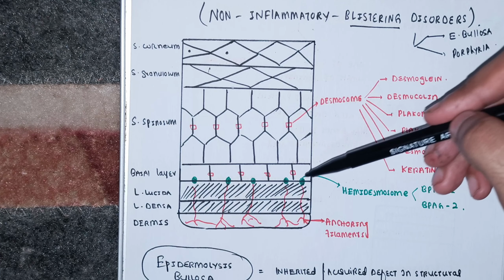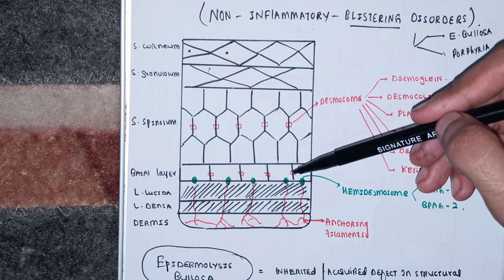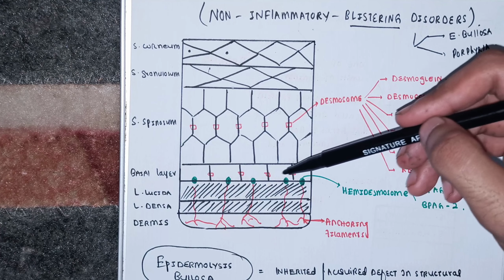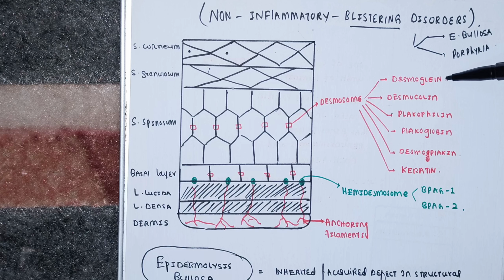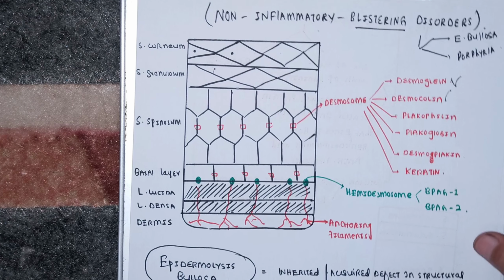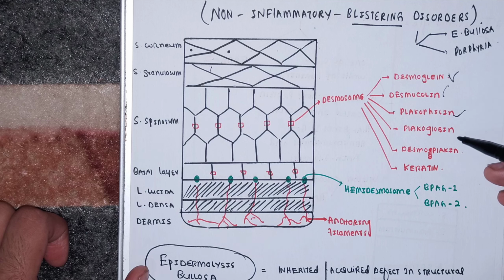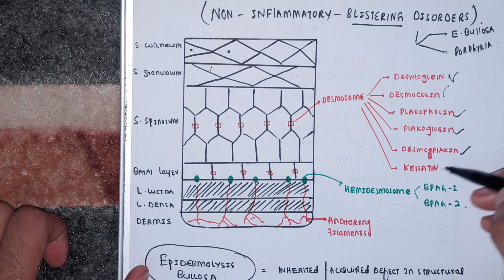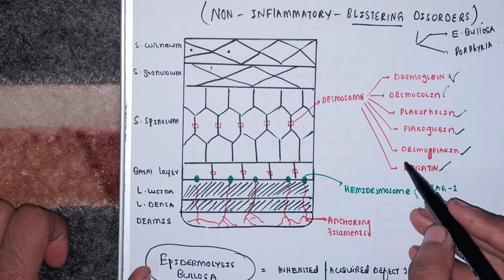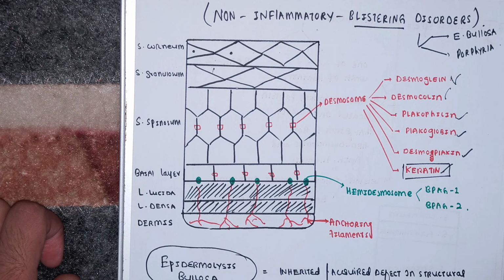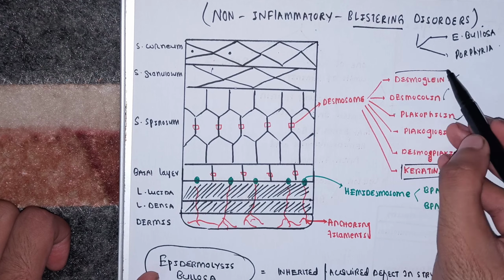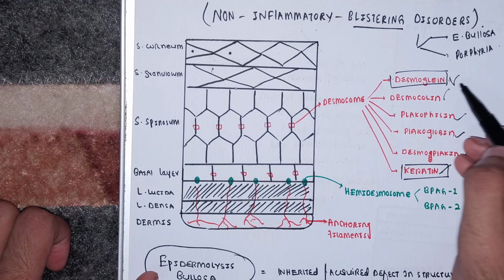Like you can see in the basal layer, these are desmosomes which hold two cells together. Desmosomes are made up of very important proteins like desmoglein, desmocollin, plakophilin, plakoglobin, desmoplakin and keratin. Keratin is the important protein which we will talk about now in epidermolysis bullosa, and desmoglein is the protein we discussed in pemphigus, if I'm not wrong.